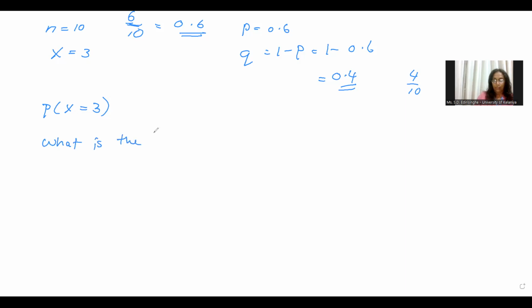What is the probability that the selected 3 workers belong to trade union.